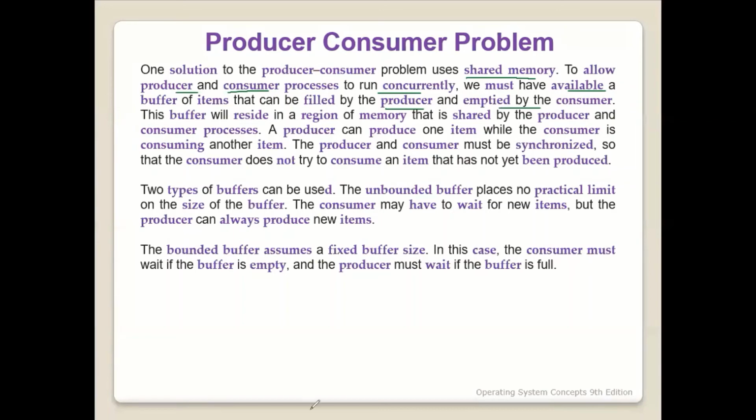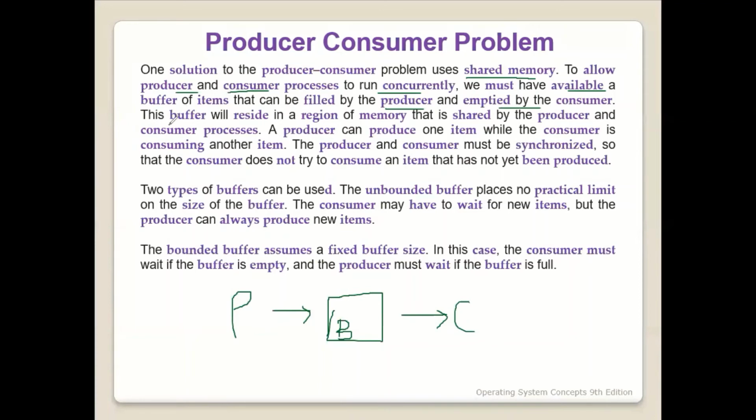So let's assume that you have a small memory, we call it a buffer. So in the buffer, what is the idea? The producer fills this buffer with relevant data, and the consumer takes this data. So somebody is filling the buffer, somebody is emptying the buffer, taking the data from the buffer.